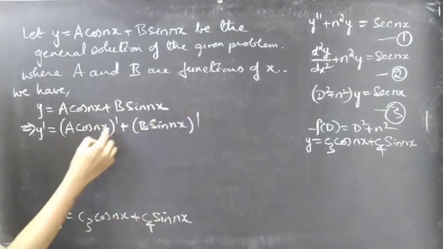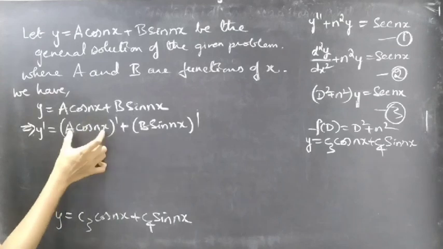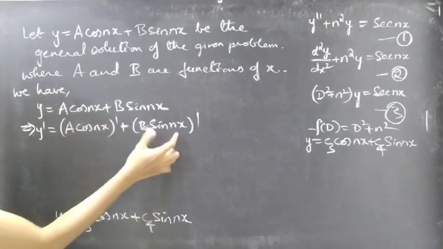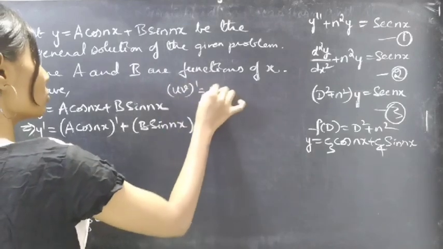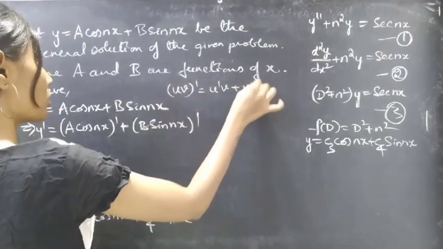So here we need to find the derivative of a product of two functions, right? So we are going to apply the uv whole dash formula, which is u dash v plus v dash u.